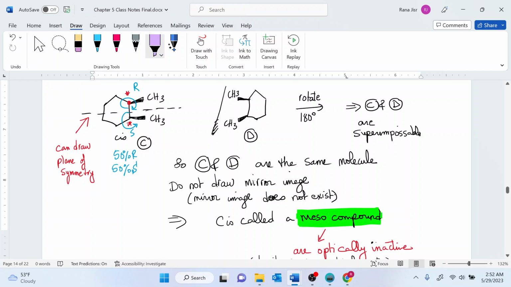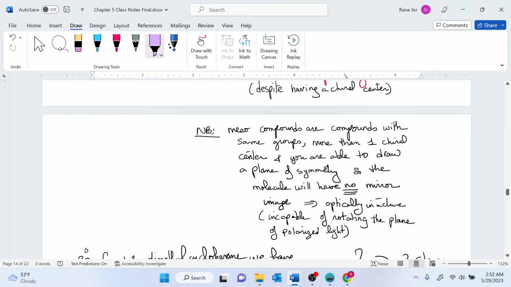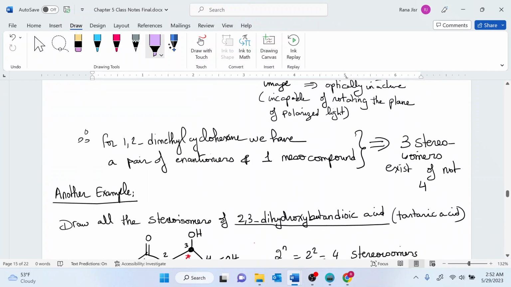So that will make the molecule optically inactive. So the total number of stereoisomers for this example is going to be 3 and not 4, a pair of enantiomers and one meso compound.